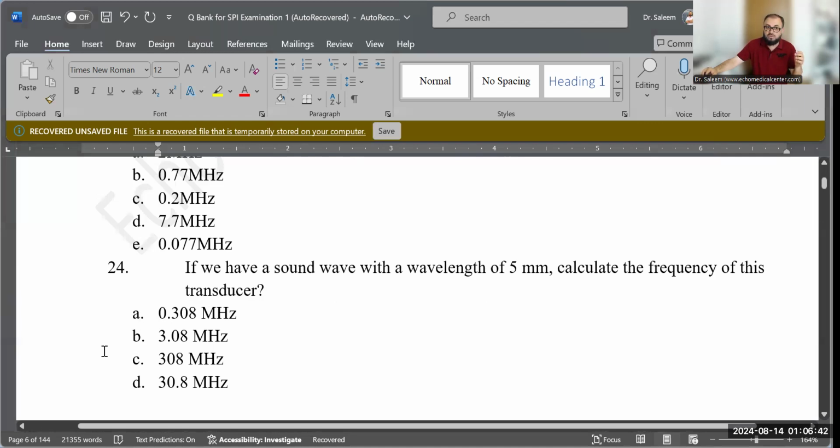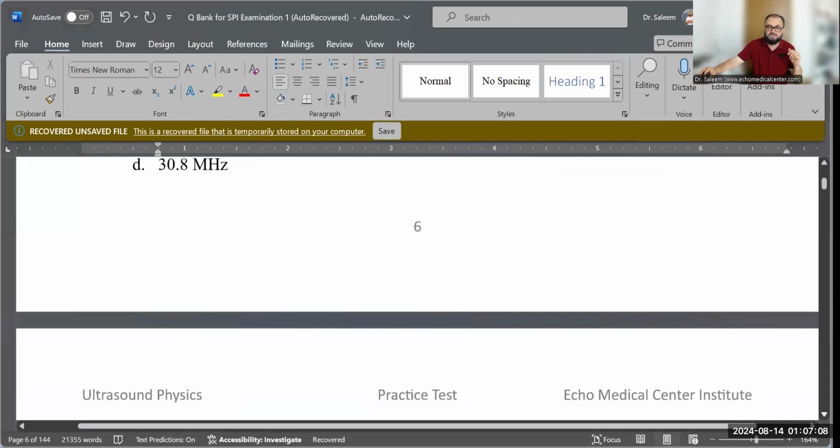What do you think, which one will be the correct answer? 0.308, 3.08, 308 megahertz, 30.8 megahertz. What do you think? Exactly, you're right. 0.308 megahertz, A is the correct answer. Absolutely correct. So now let's go to the next question.